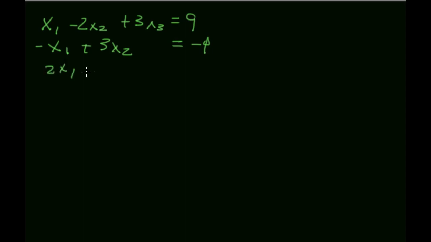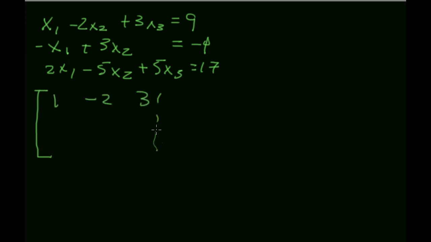And 2x1 minus 5x2 plus 5x3 is equal to 17. So the augmented matrix would be 1, negative 2, 3, 9, negative 1, 3, 0, negative 4, 2, negative 5, 5, 17. Okay, so this is when I want to hop into MATLAB.